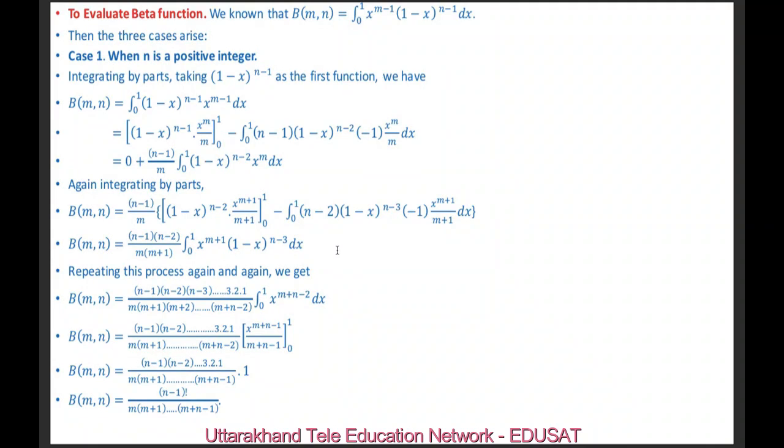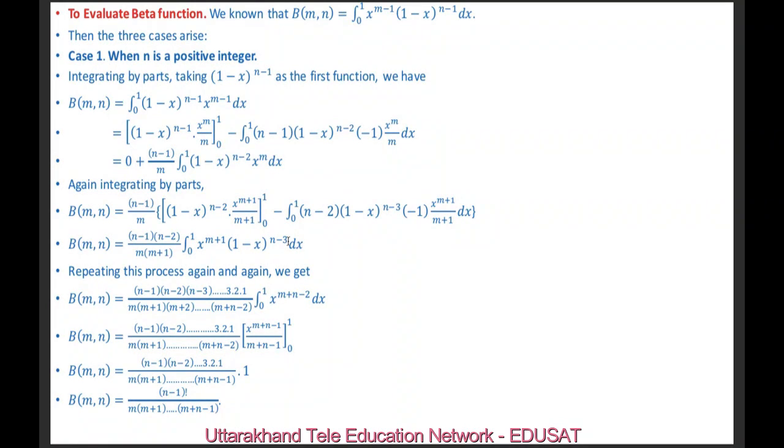If we repeat this process, we will observe that in the power of (1 minus x), in the first integration we had n minus 2. Second integration, 1 more than that, so it is n minus 3.